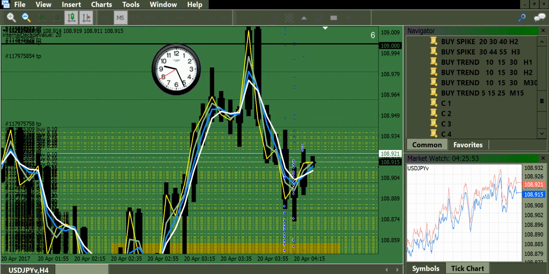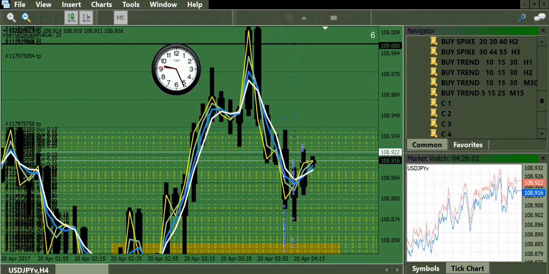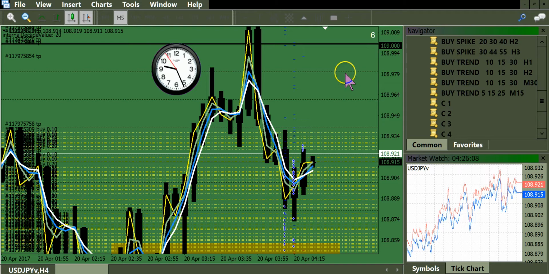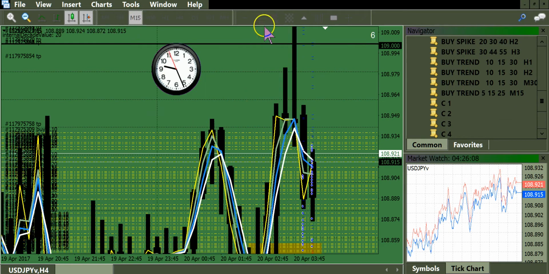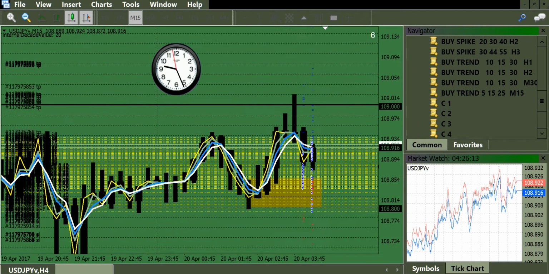So I've smoothed it out. It's really a 20-minute chart. The white line is the 20-minute chart. So you don't have to go to the 20-minute chart. And you can see the structure here. If I go to the 15, you're on the 1 hour chart, right? That's the 1 hour moving average on the 15.